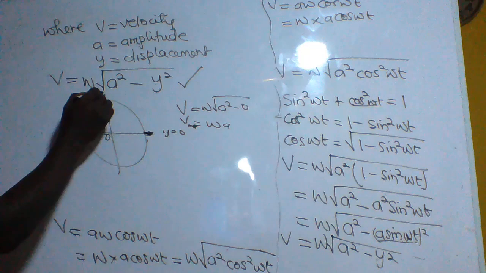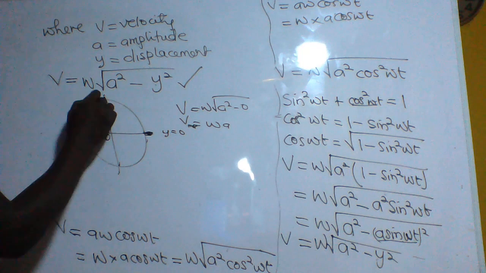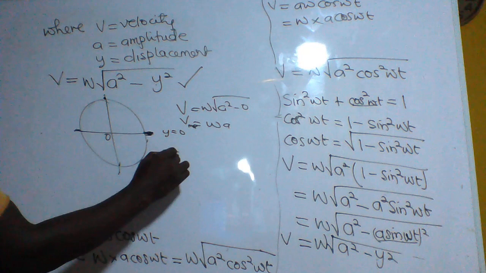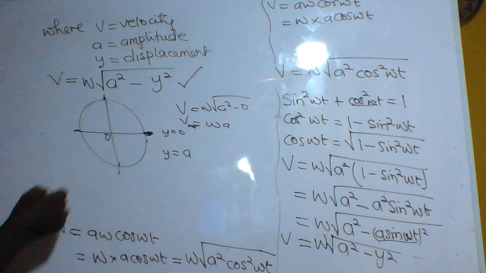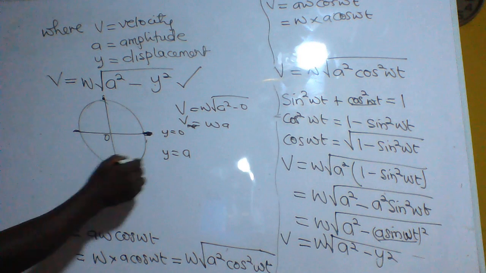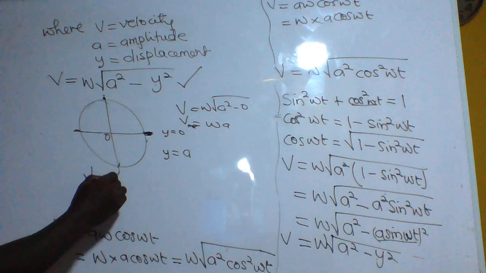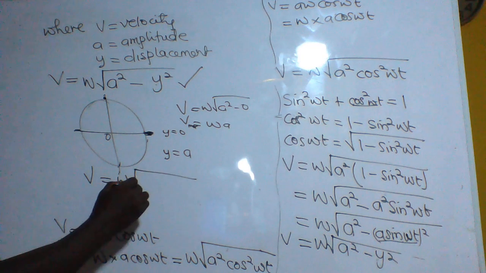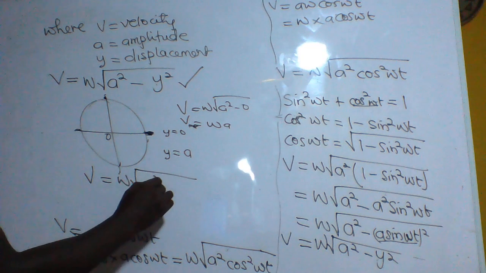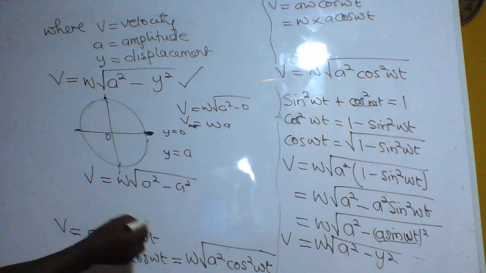At this point, what is the displacement? Over at the extremes, the displacement is equal to the amplitude A. We have an amplitude here, we also have another amplitude here. So when y is equal to a, we have v is equal to omega times the square root of a squared minus a squared, because y is equal to a.